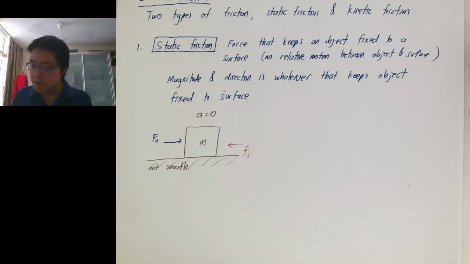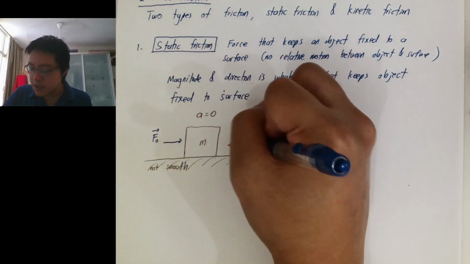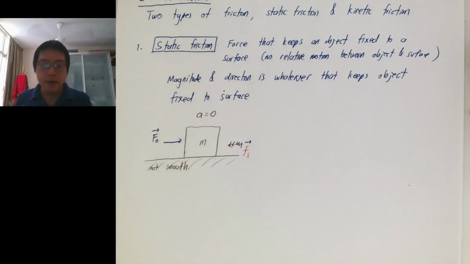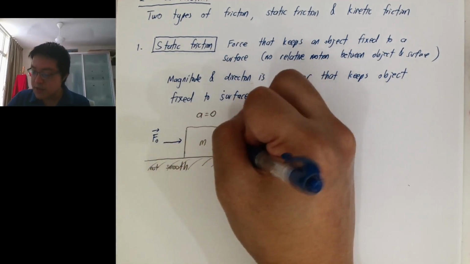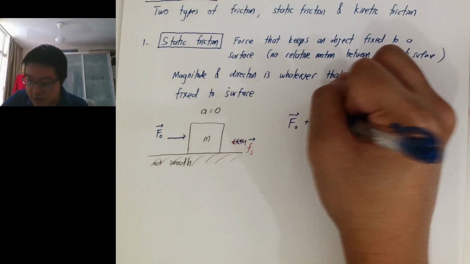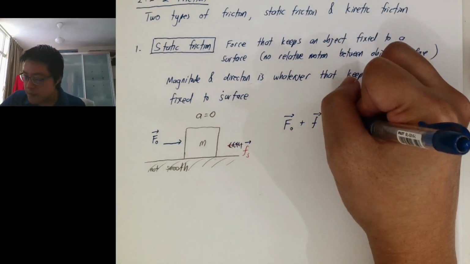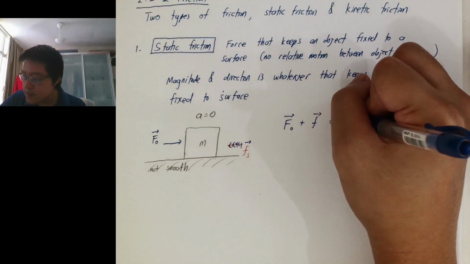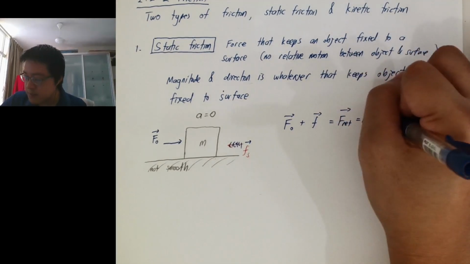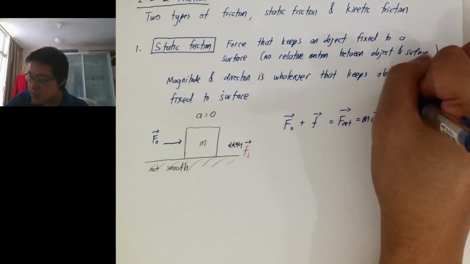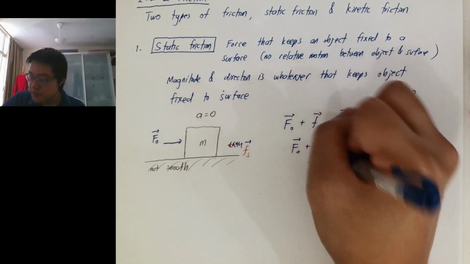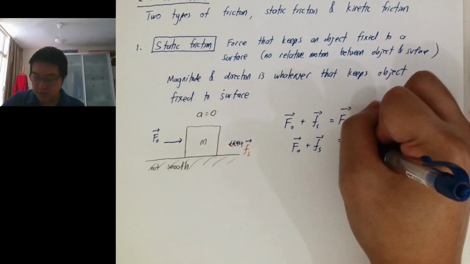Okay, so let's say I write in vector notation. Let's say I don't know the direction. You do not need to assume, because in most cases we shouldn't assume. So I have this force F0, plus some other force, and this is my net force, and by Newton's second law it equals mass times acceleration of the system. But my system has 0 acceleration, therefore F0 plus the friction force equals 0.